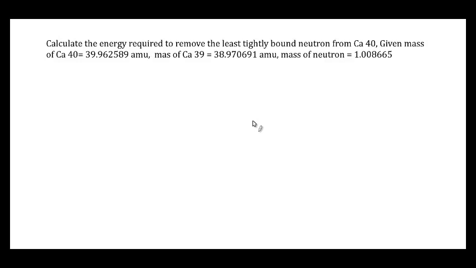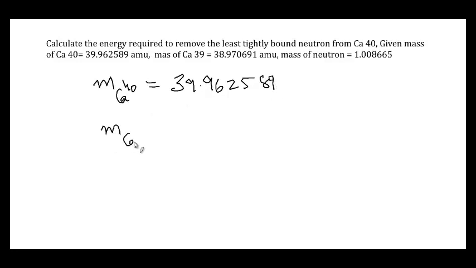So we have been given calcium 40 nucleus. The mass of calcium 40 is 39.962589. The mass of calcium 39 is about 38.970691.